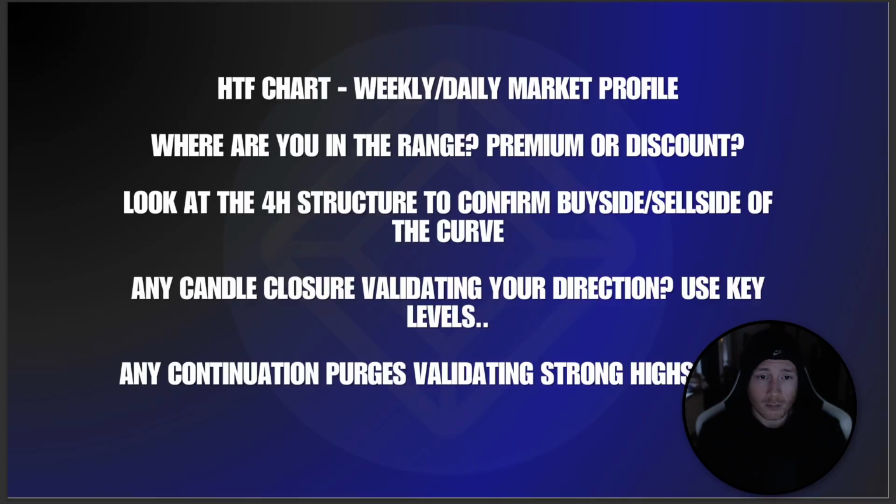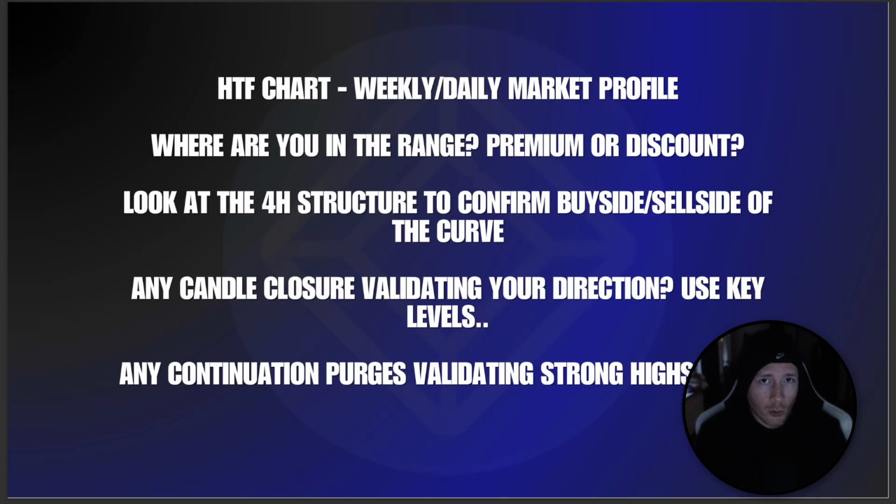So first of all, you pull out a higher time frame chart, weekly, daily chart, write down the market profile. Where are we in the range? Premium or discount, like we discussed, did we hit a key level? Go back into the video if you missed that part, but really write down where are you in the range, and is it premium or discount? Did we hit a key level? Then look at the 4-hour structure, right? Second thing, look at the 4-hour structure. Are we confirmed buy side or sell side of the curve?